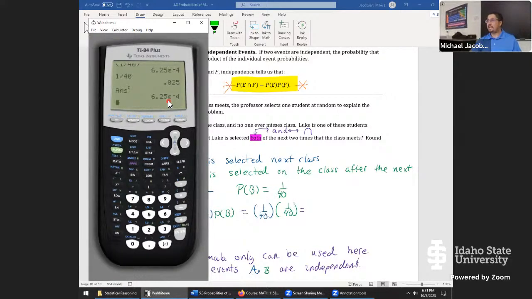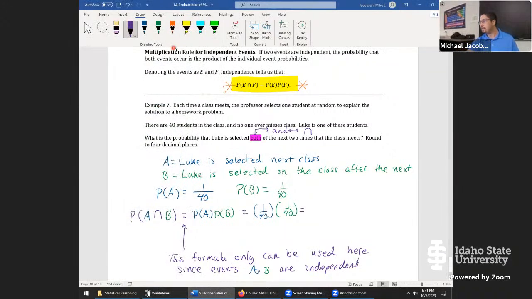This will happen, we've seen it happen once. In WebAssign, I think it could happen around 2 or 3 times, depending on the section you're in, or chapter you're in rather. So I'm going to put this down on paper and then write out 6.25e negative 4. A mysterious looking number, 6.25.